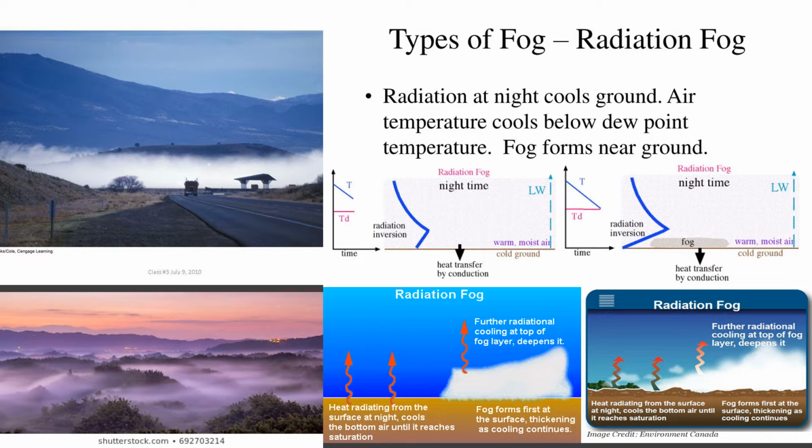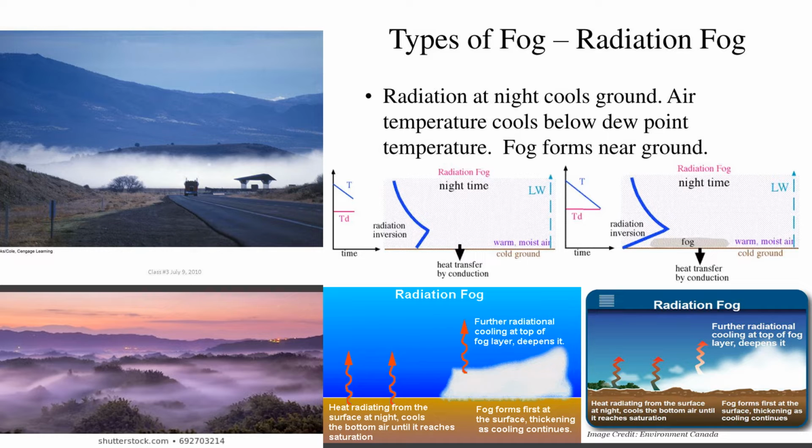It forms on a clear night when a shallow layer of moist air near the ground is overlain by dry air. Because the moist layer is shallow, it does not absorb much of the Earth's outgoing infrared radiation.